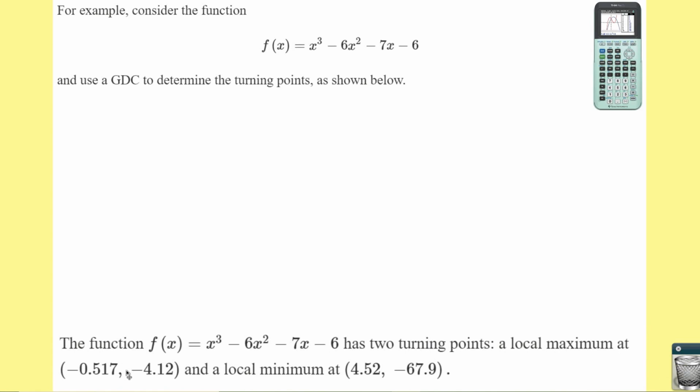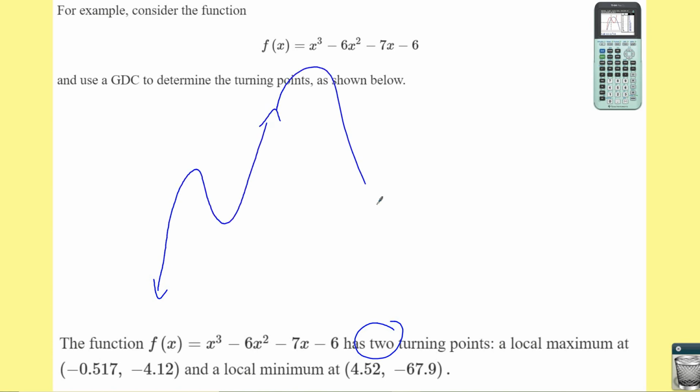All right, and we know that it's going to have 2 turning points, because I know some people are probably like, well, how do I know that it's just going to do this and it's not going to come back around? Well, that has to do with the highest degree.